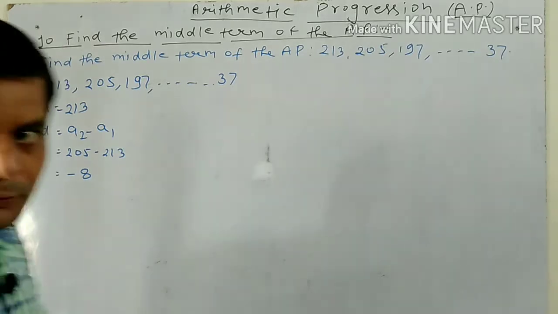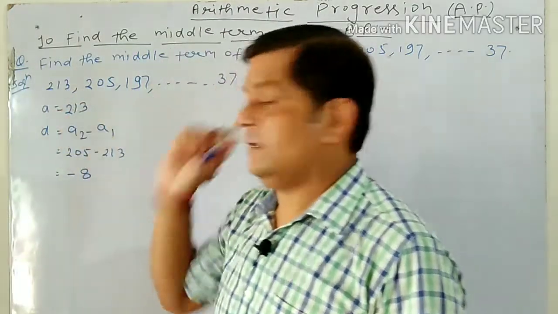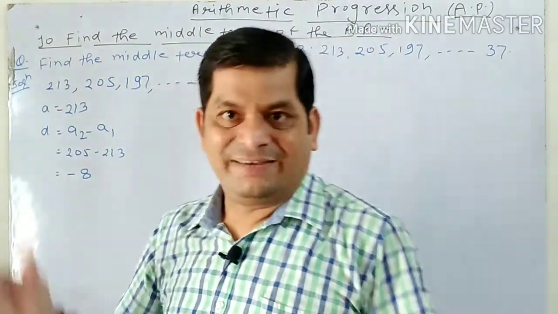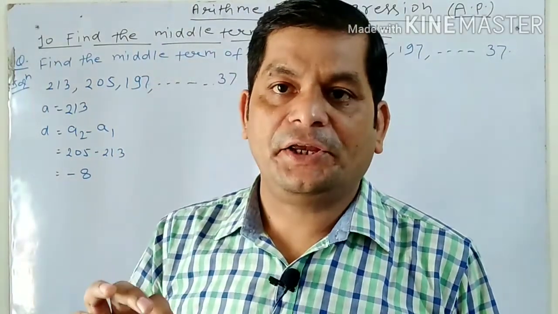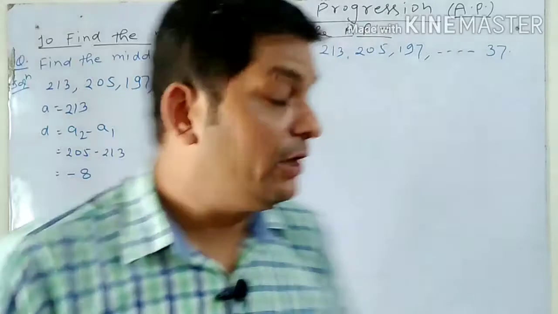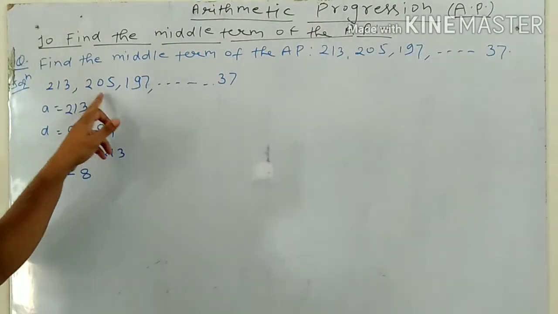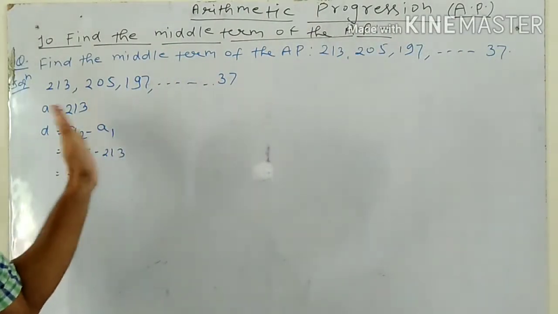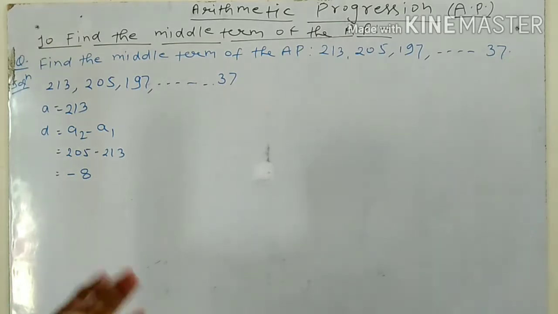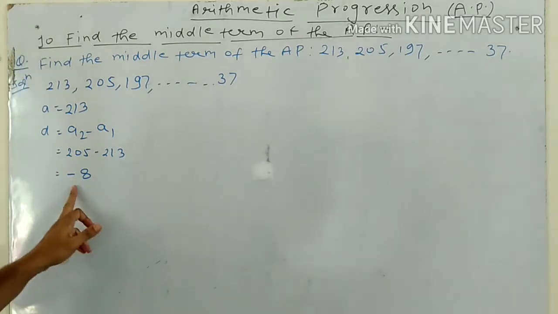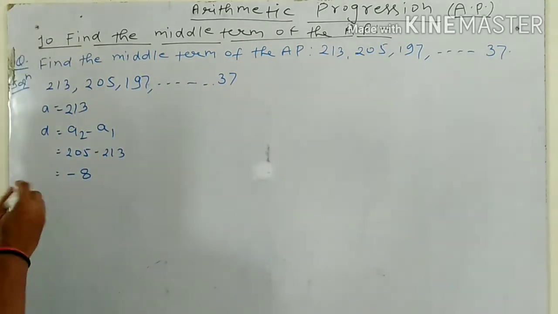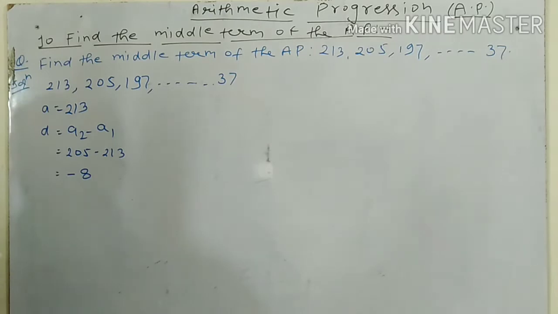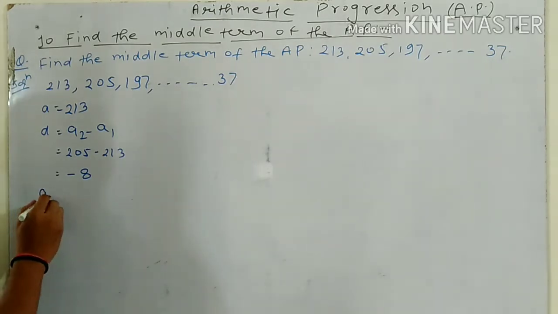In the last video I already told you that whenever an AP is given in descending order, d will compulsorily be negative. Here 213, 205, 197, the terms are decreasing, so d will be negative. Now 37 is the last term, so an is 37.